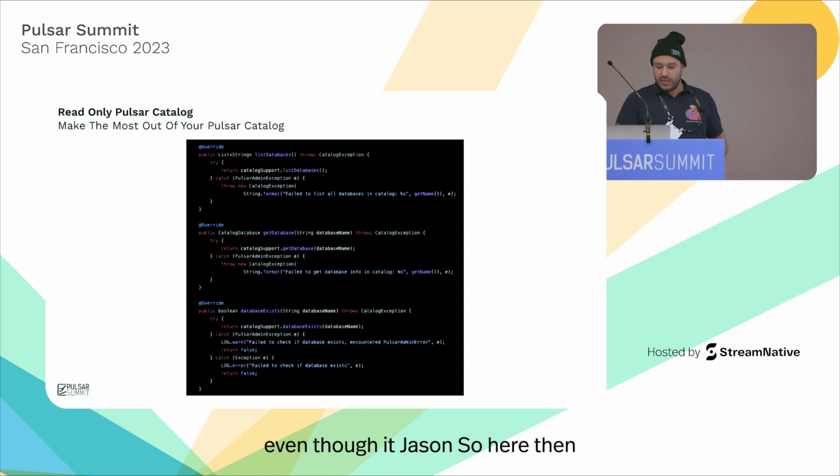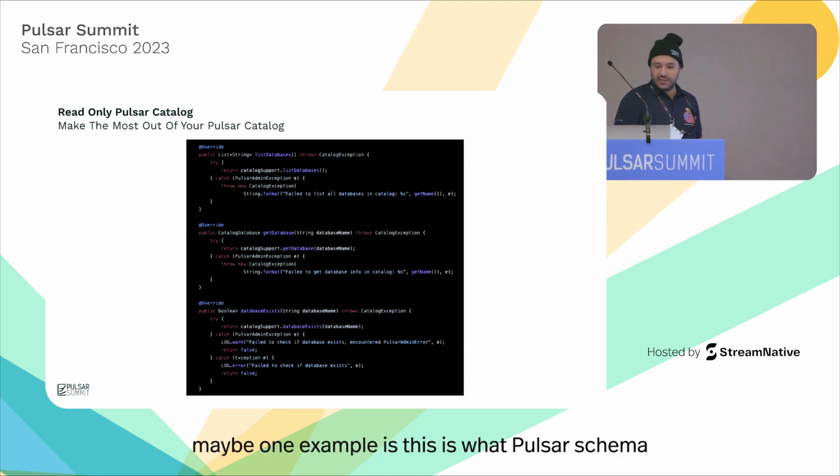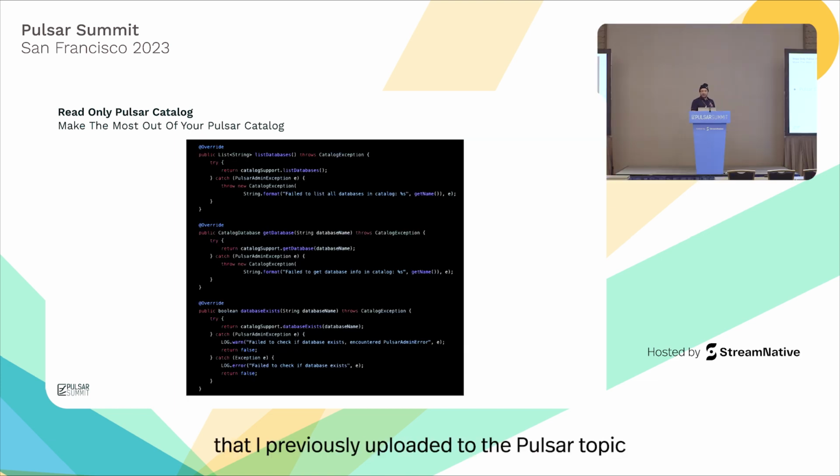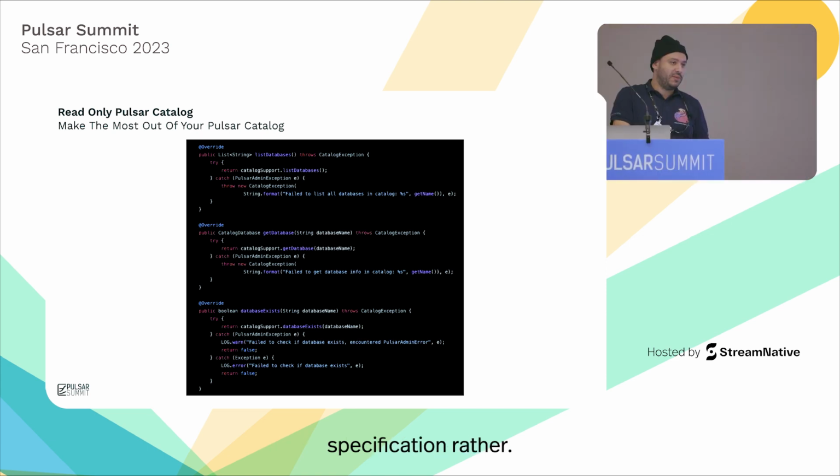Here, maybe one example: this is one Pulsar schema that I previously uploaded to the Pulsar topic. You see this schema field, that is the actual schema within the schema info, which is an overall valid specification.